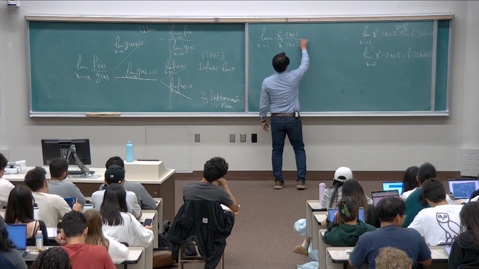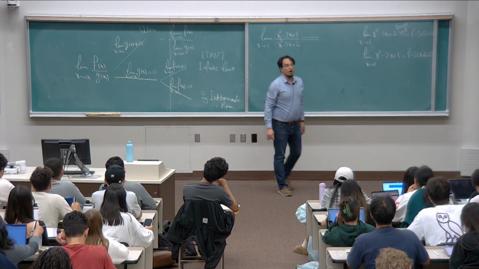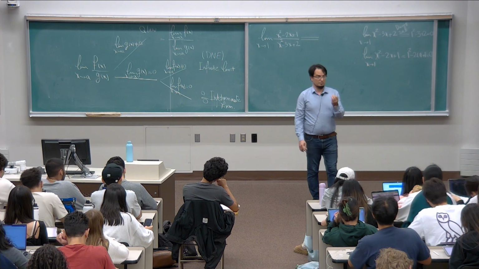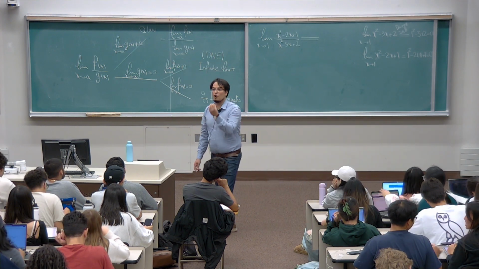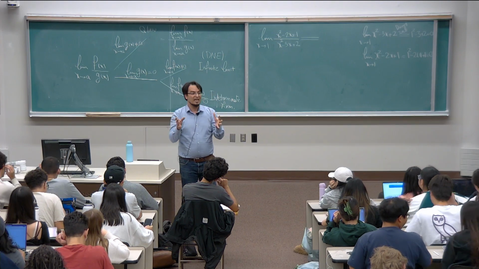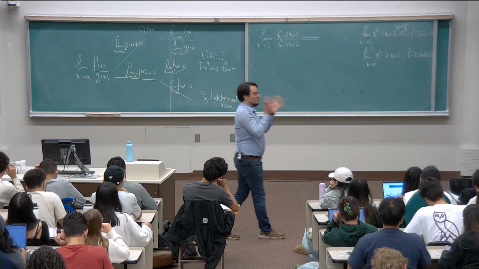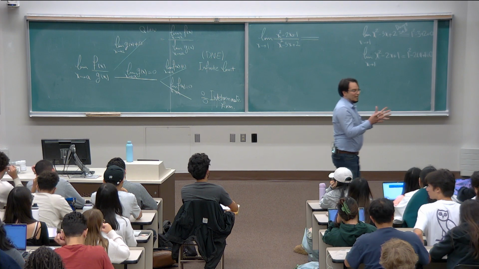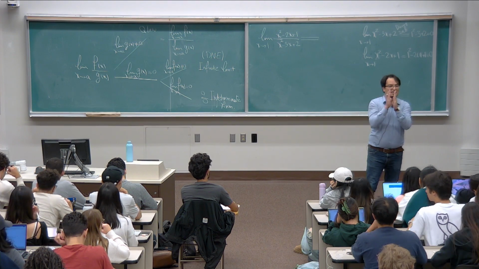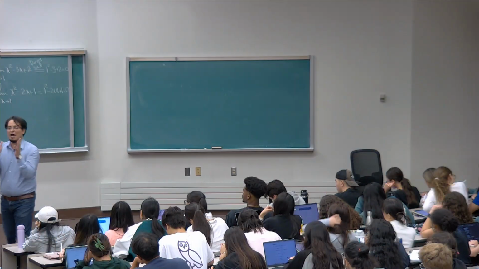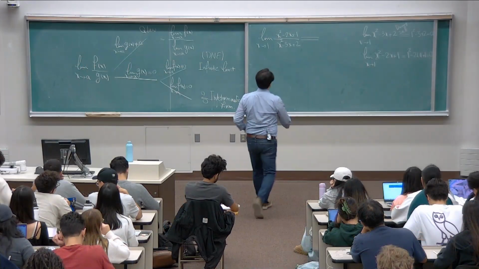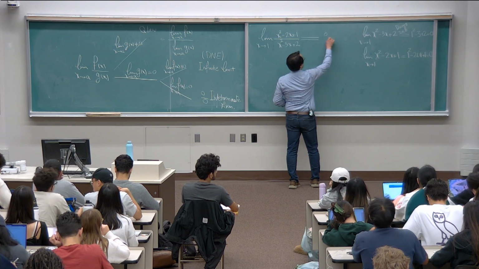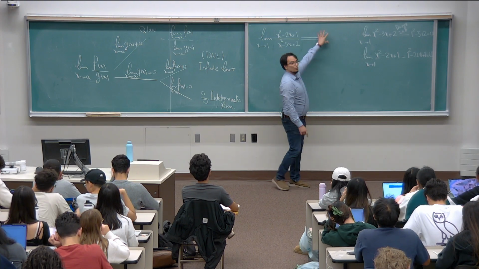0 over 0 is not an answer for a limit. 0 over 0 is not a number. 0 over 0 is the status. It's the most confused status ever. You just know that there's something there, and you have to work now and fix it. That's why I would never write 0 over 0 equals 0 over 0.